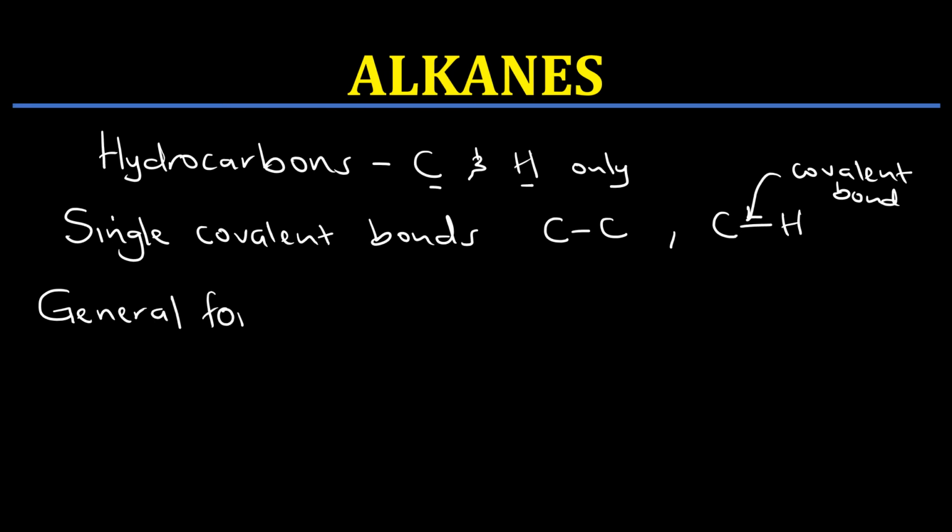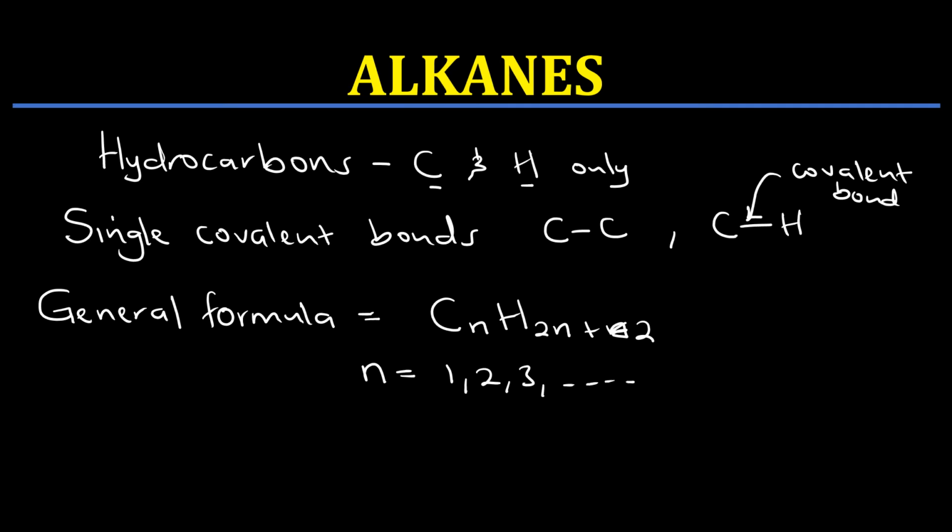The general formula of alkanes is CnH2n+2, and in this case, the value of n is a whole number starting from 1, 2, 3 and so on for the successive members in this family.